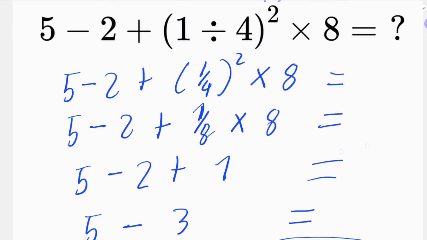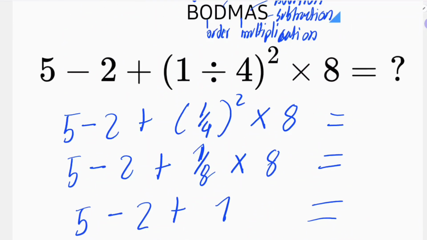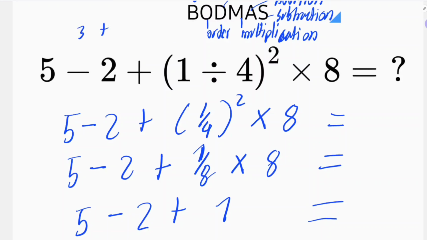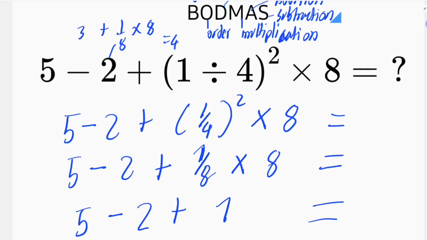I want to just show an example of what could happen if we actually solved this question differently. We could basically just take 5 minus 2, which could give us, let's say, 3, plus maybe we wanted to solve this bracket first, plus let's say 1 on 8, multiplied by 8, which at the end could give us 3 plus 1, which is equal to 4.